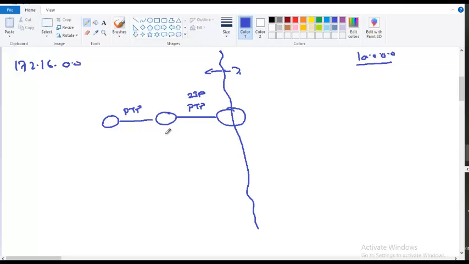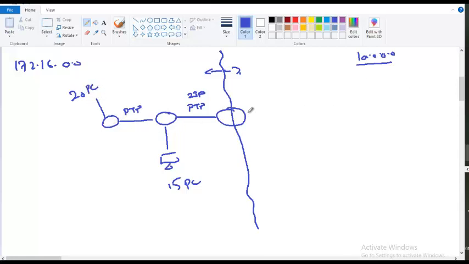And then you have 30 PCs. And then we got 15 computers, and here 20 PCs. All right.